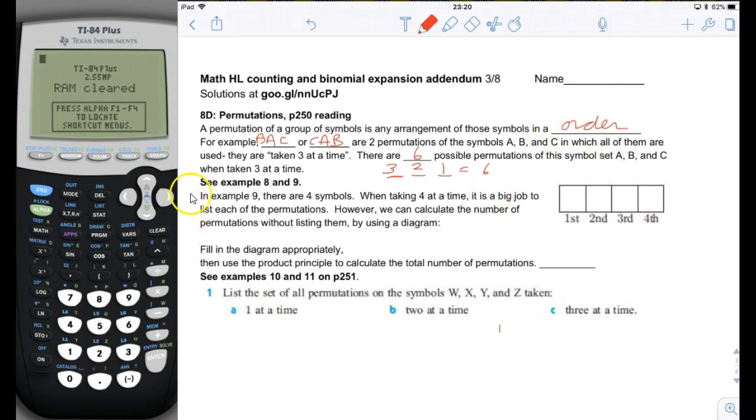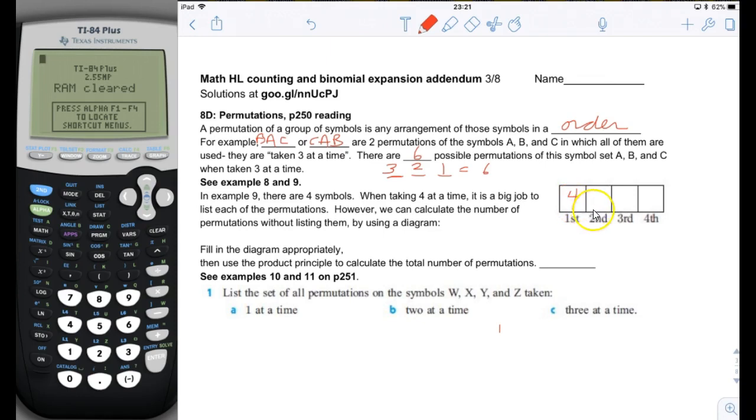Okay. In example 9, there are 4 symbols. When taking 4 at a time, it is a big job to list each of the permutations. However, we can calculate the number of permutations without listing them by using a diagram. Just like we did up here, if you have 4 symbols to choose from, like A, B, C, D, then in the first position you could put any one of the 4 symbols.